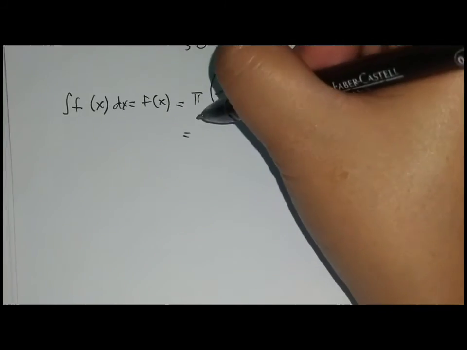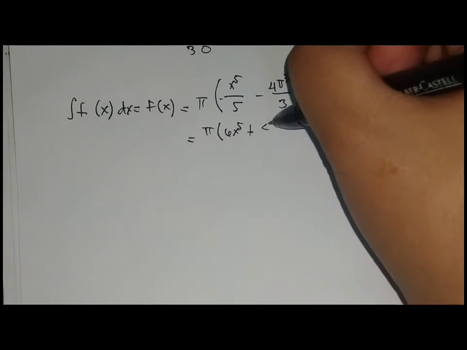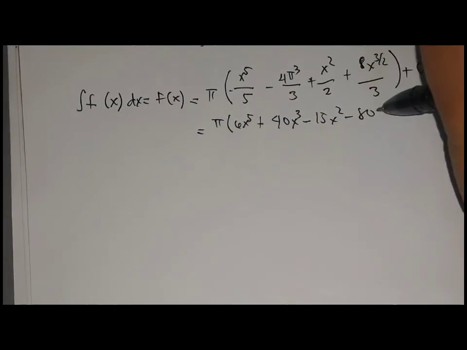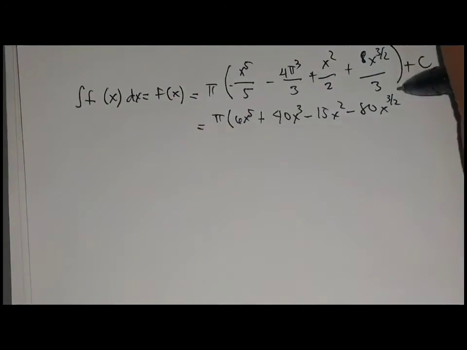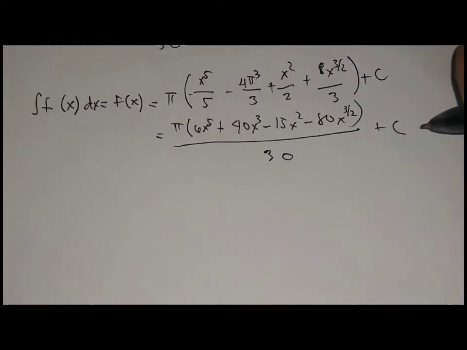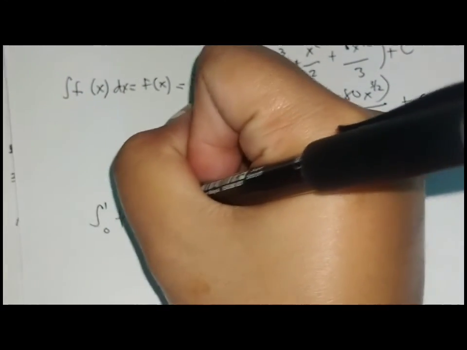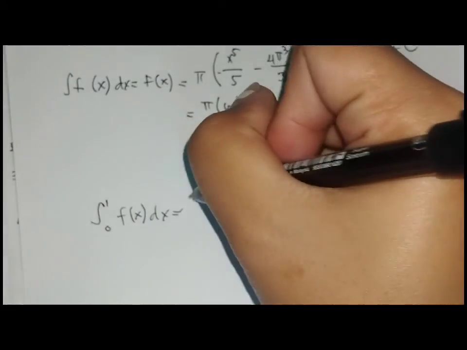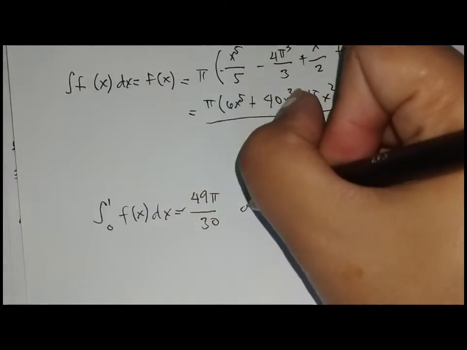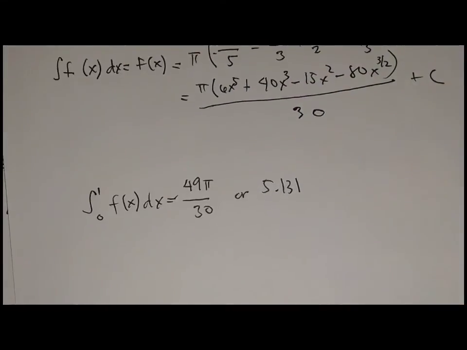And let's simplify it to negative pi times (6x to the fifth plus 40x cubed minus 15x squared minus 80x to the power of 3 halves) all over 30 plus c. Last step, apply the definite integral. So, the integral from 0 to 1 of f of x dx is equal to 49 pi over 30, or to simplify, it is equal to 5.131.